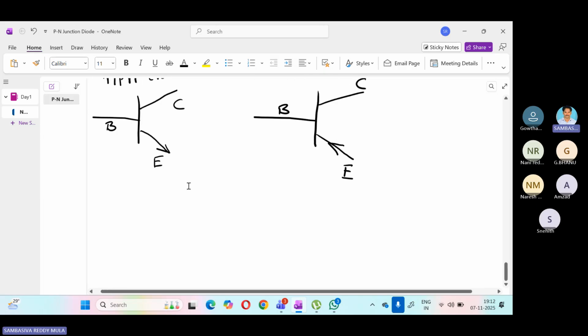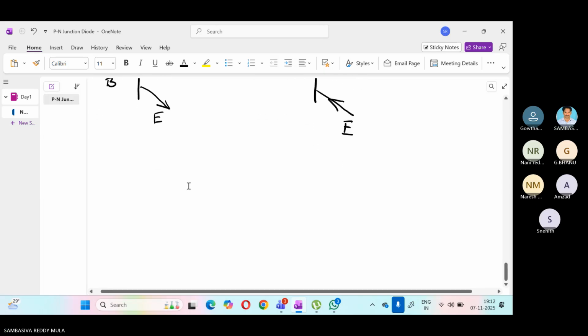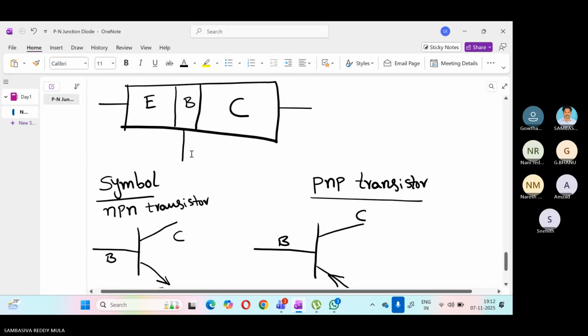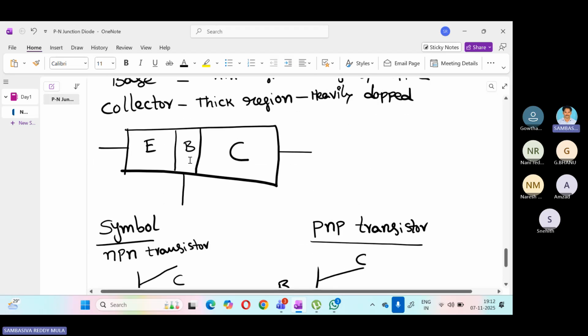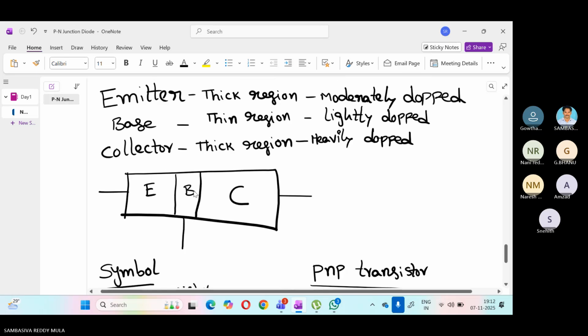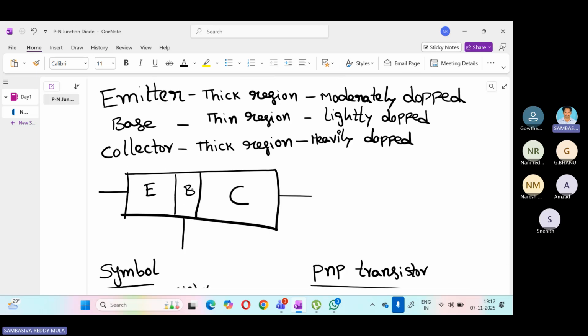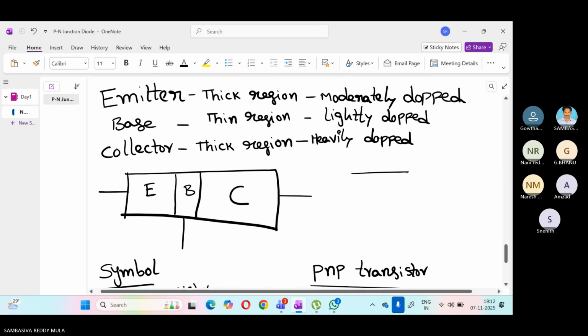Coming to the configurations. How many junctions are there in the BJT? Only two junctions. This is N, P, N, an NPN transistor. Junction means P to N. This is junction 1, this is junction 2. So in a BJT, only two junctions are there.